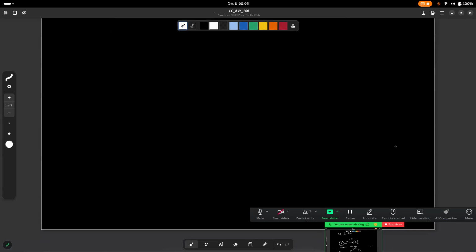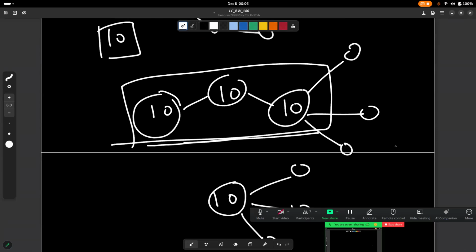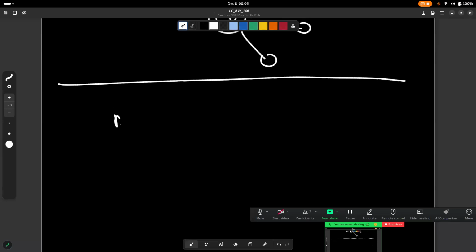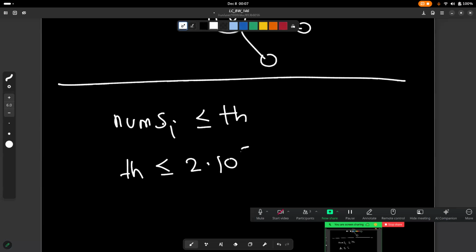Right now, up to now, what we have is this nums of i array, and let's just say that we have dealt with all the values which are greater than threshold. They will form an isolated component, and we have incremented our answer accordingly. All the nums of i right now are less than or equal to threshold, and my threshold is less than or equal to 2 times 10 to the power 5.